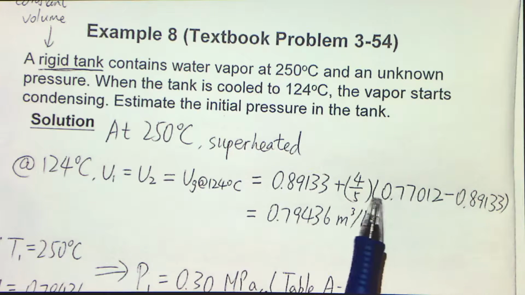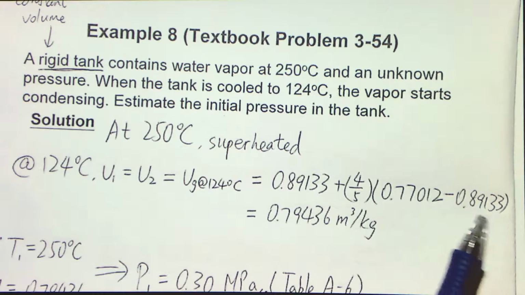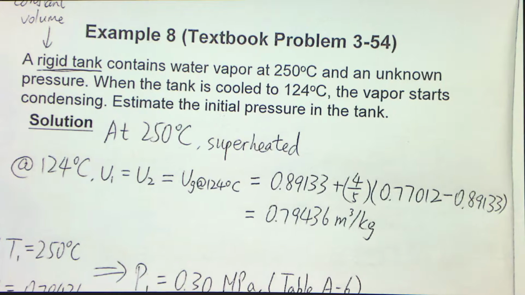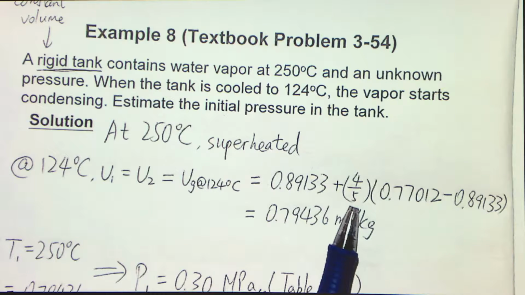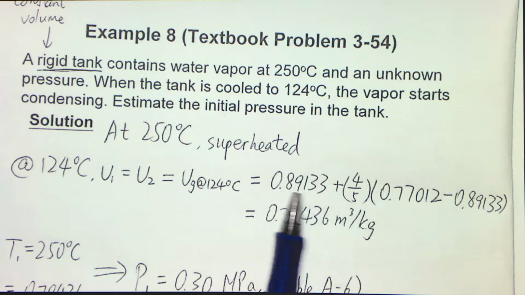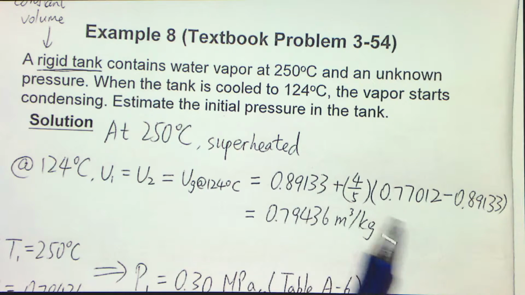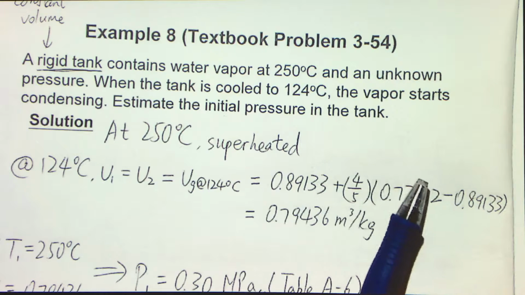We can think of it as the difference of the specific volume over these 5 degrees C, and because of linear interpolation, it would decrease at a constant rate. So we divide it by 5 to get the decrease for 1 degree C, and we multiply by 4.